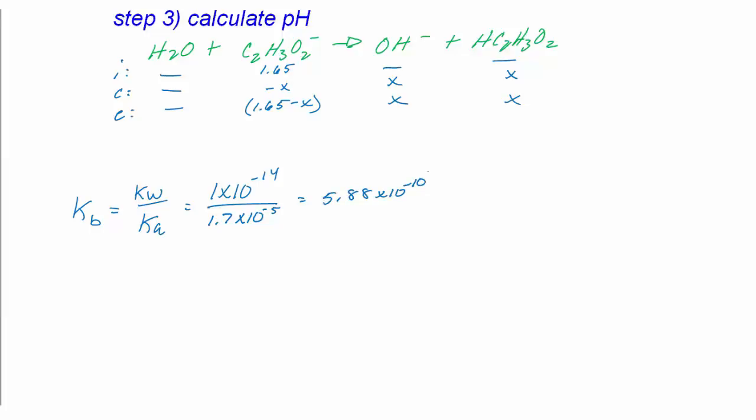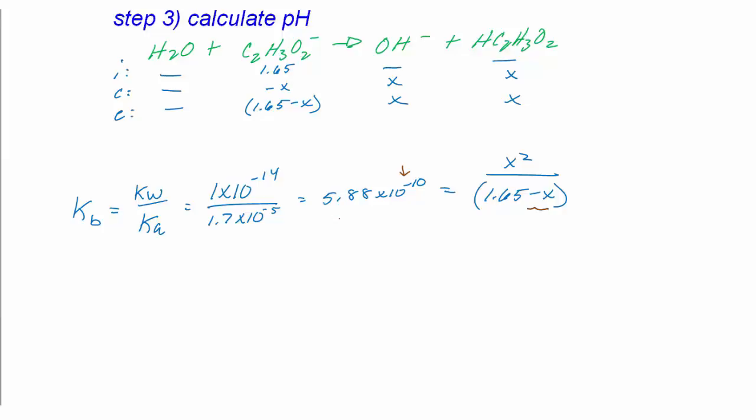We like that 10 to the negative 10, right? Do you remember why? Products over reactants. That's going to be x squared divided by 1.65 minus x. That 10 to the negative 10 means that we have a very small amount of product, because equilibrium constants are products over reactants.